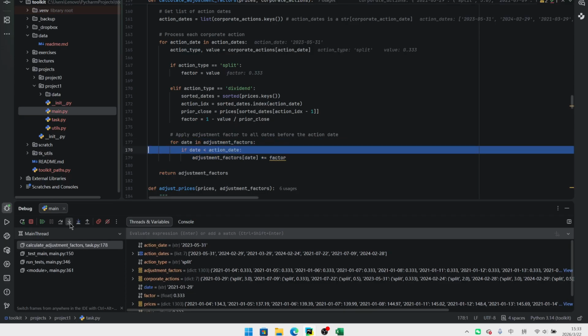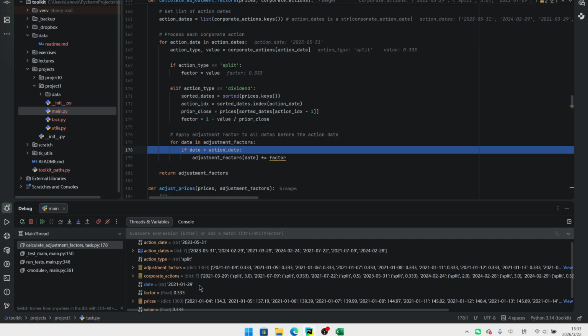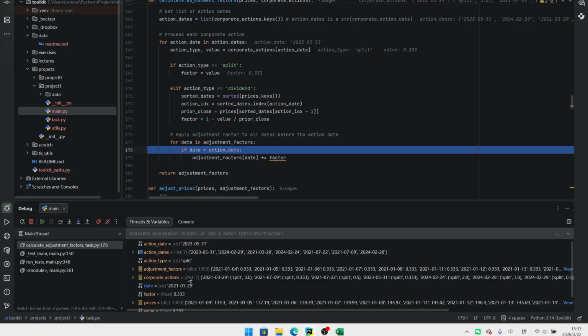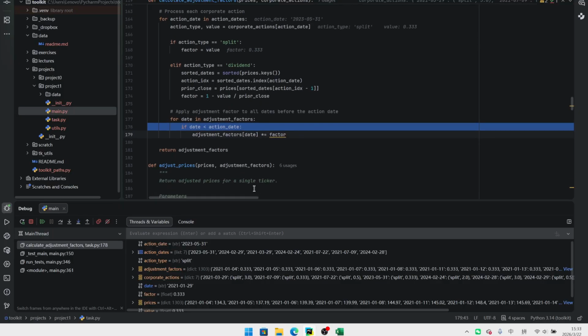So if the date in effect is 2003, and the action date is 2000, so the adjustment factor should be the factor.